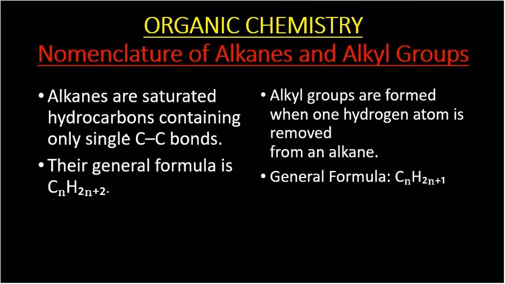And their general formula is CnH2n+2. That's the general formula for the alkanes. But when you come to this side, which says alkyls, alkyls are formed when one hydrogen atom is removed from an alkane.